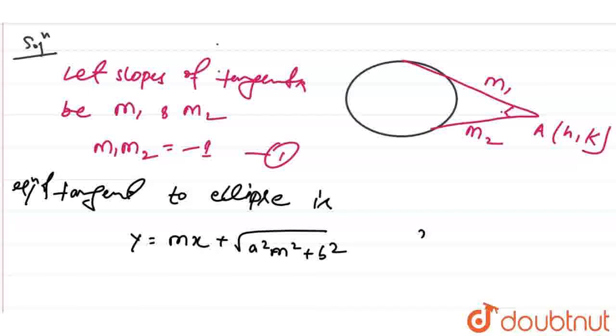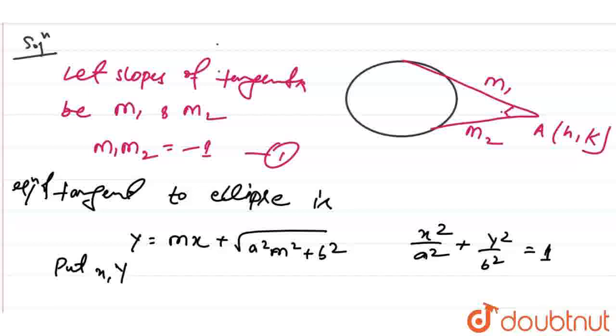It is for a standard ellipse equation, x square by a square plus y square by b square equal to 1. Here we put y equal to k and x equal to h. Actually, we are trying to get the locus of the point A.